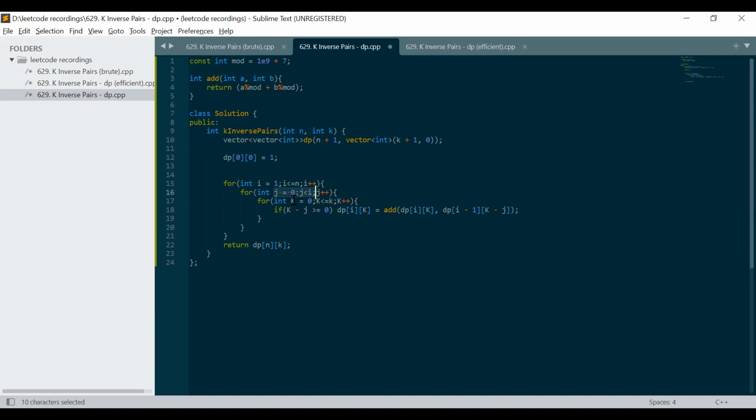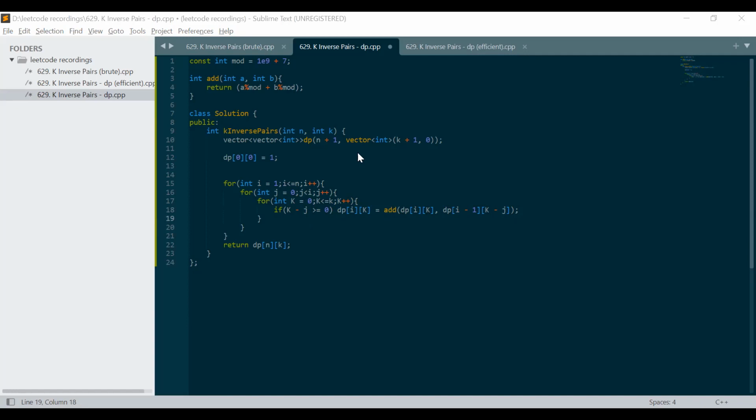Then we have a parameter of capital K, which denotes the current number of inversions that we need. So if k minus j is greater than or equal to 0, we have dp of i comma k added by dp of i minus 1 comma k minus j. This is the same as the one that we showed here.